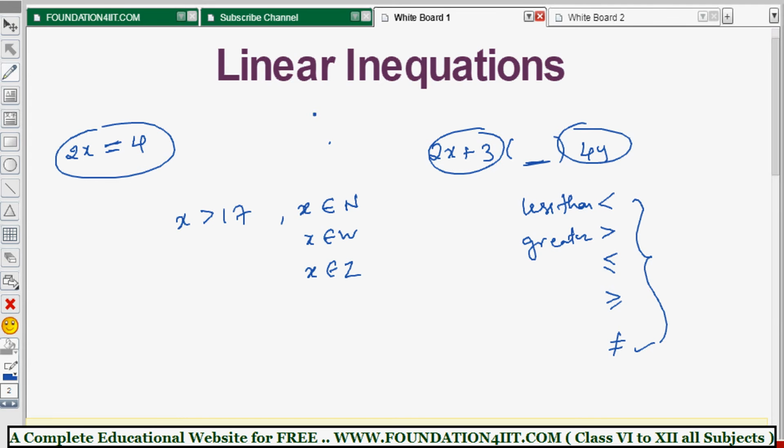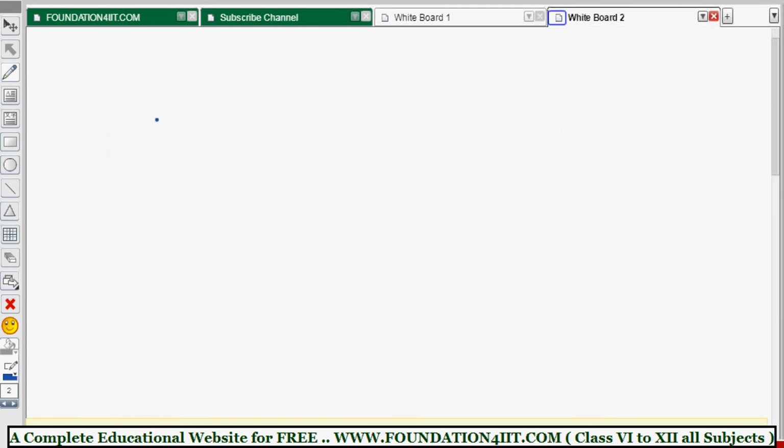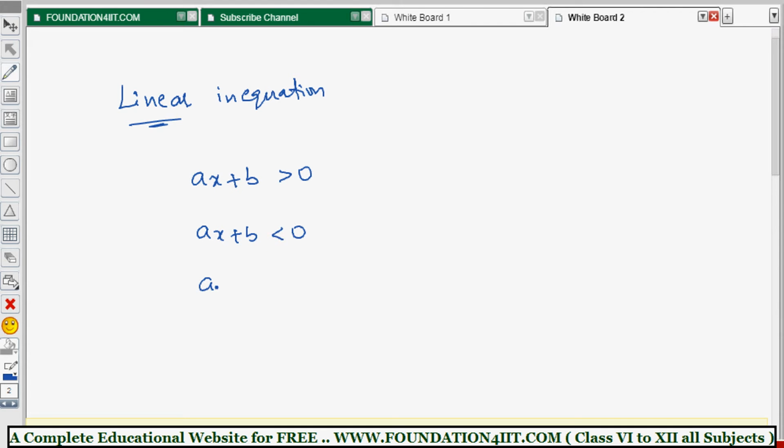Now, linear inequation. So what is a linear inequation? In previous topics you already learned about linear equations. Same here, linear means the order is only 1, so the highest power is only 1. It can be of any form like ax plus b is greater than 0, or ax plus b less than 0, ax plus b is greater than or equal to 0, or ax plus b is less than or equal to 0.